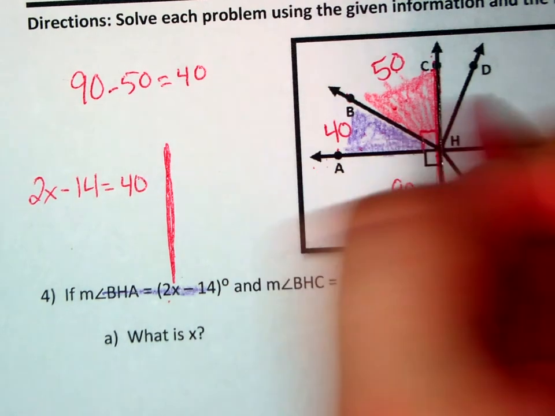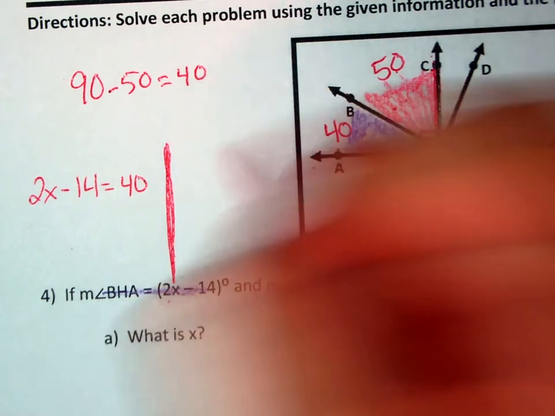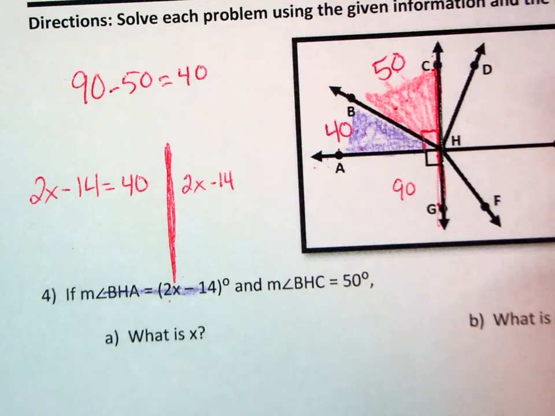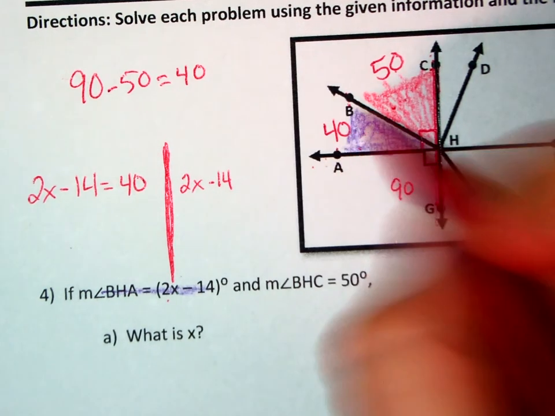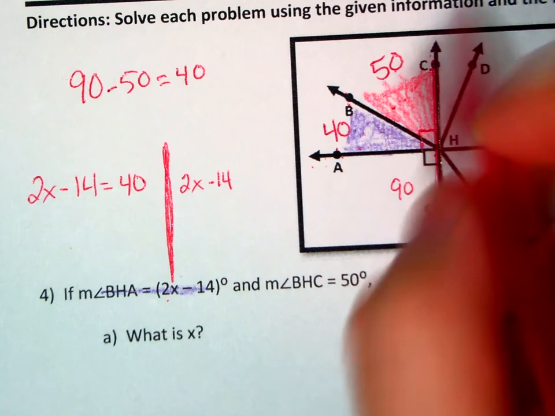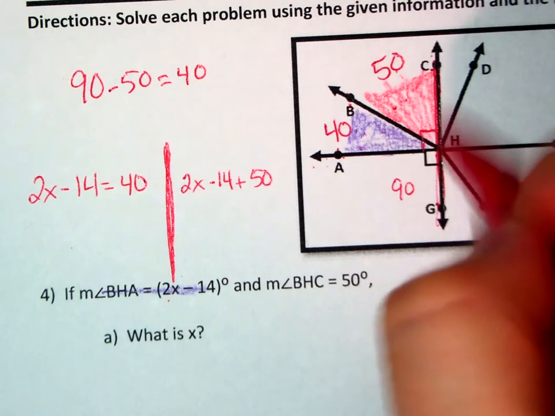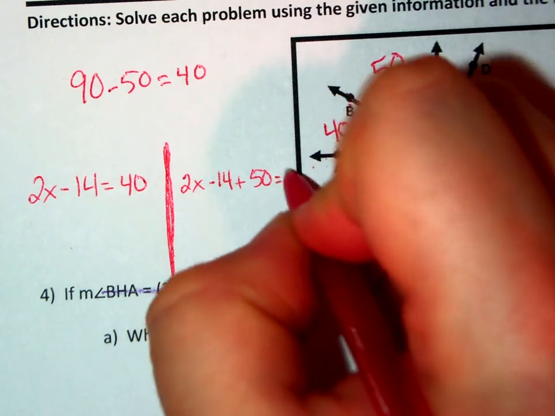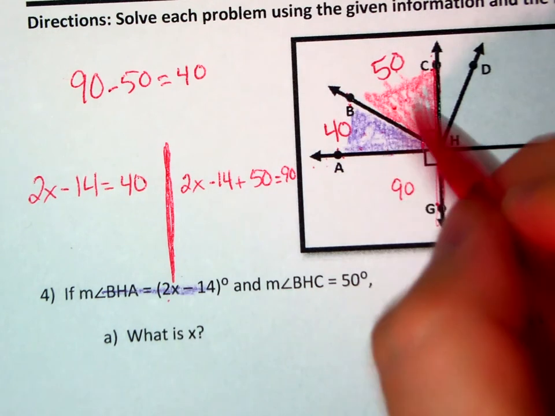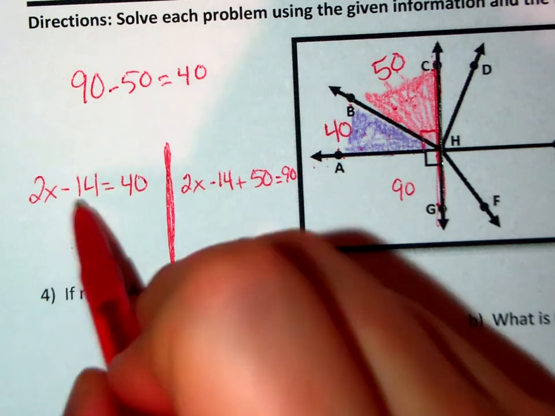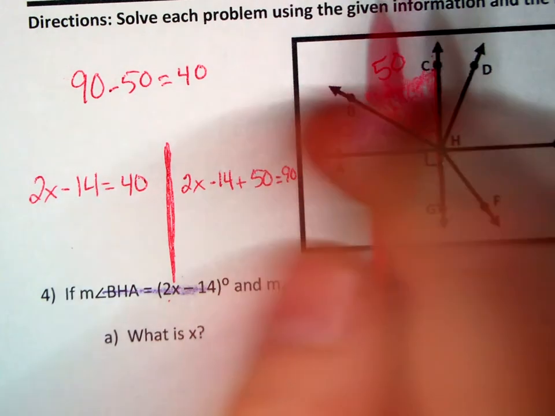I could also say, if I wanted to do a little bit more work, that 2x minus 14, which is the value of BHA, plus 50, which is the value of BHC, is equal to 90 degrees, because those two angles form a right angle, which is 90 degrees. I'm going to choose this one on the left just because it's going to save me a little bit of work.